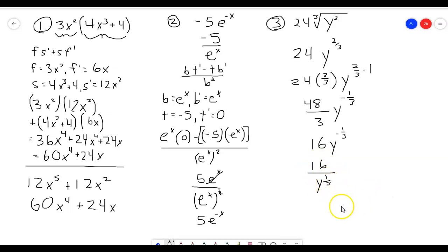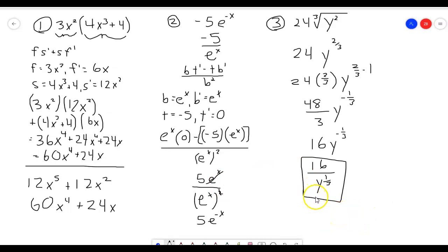We usually like to make our exponents positive, and this is how you would leave it right there. This is usually how we would leave it in this class, with positive exponents.